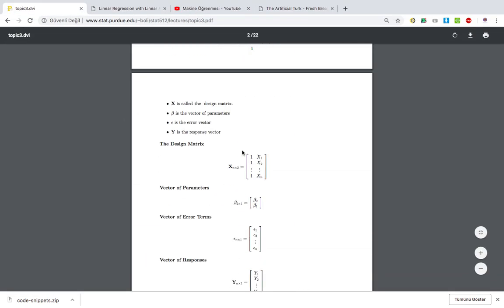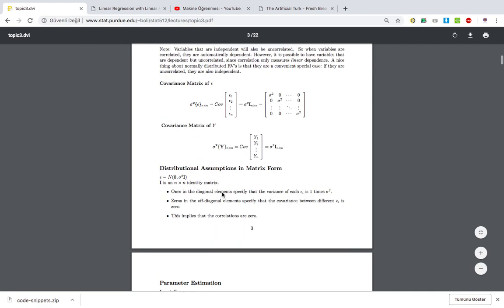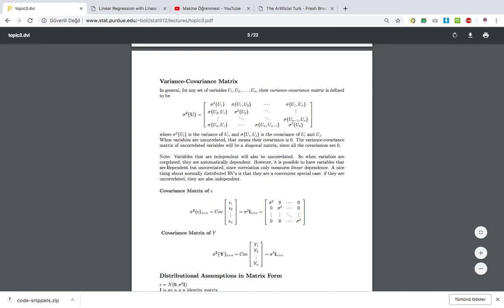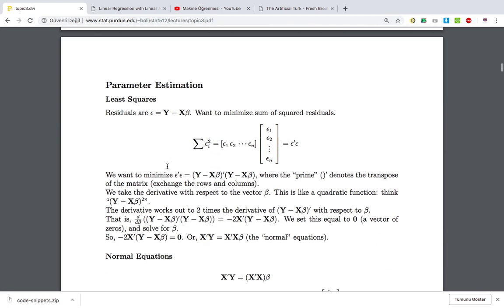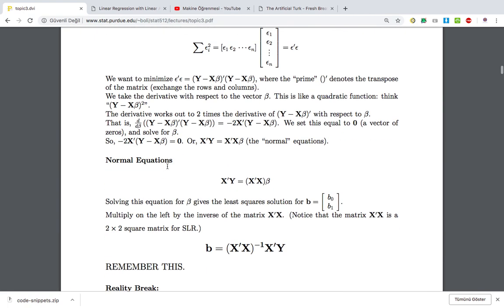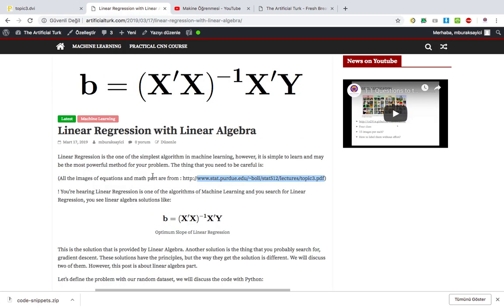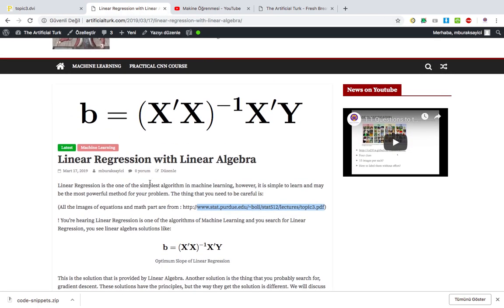So these explanations include matrices, and there are some matrix multiplications. There are some strange notations. It may be strange to you, and it was also strange for me for a long time.